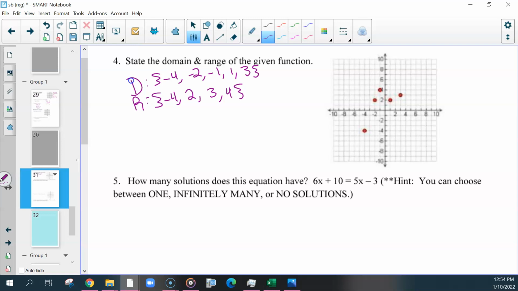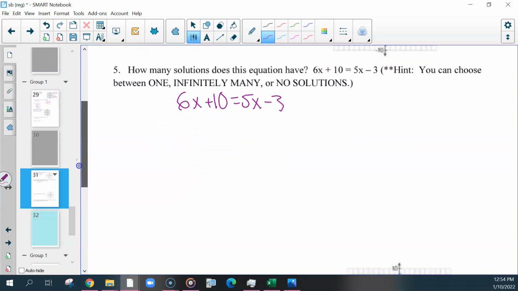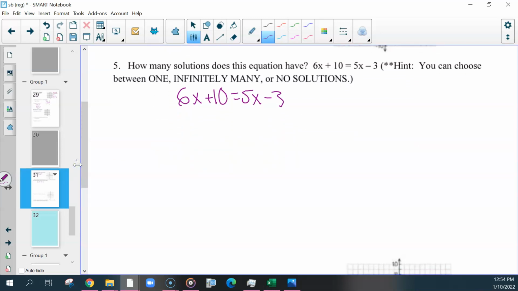And then for number 5, we're going to solve this and then go back and talk about how you could have done this without solving it. So the question asks, how many solutions does this have? So we would need to get all of the constants on one side and all the variables on the other.